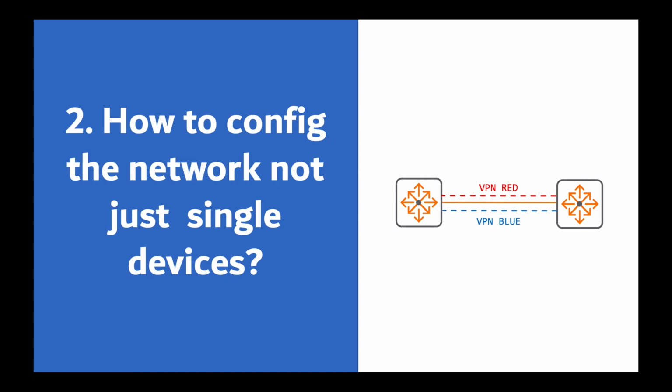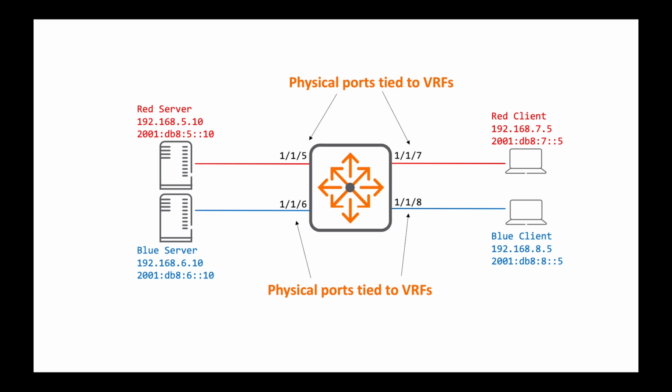And secondly, if the configuration is locally significant, as I keep saying, how do we configure the network as a whole, holistically, rather than just individual devices, so that we can maintain this separation as we move from device to device?